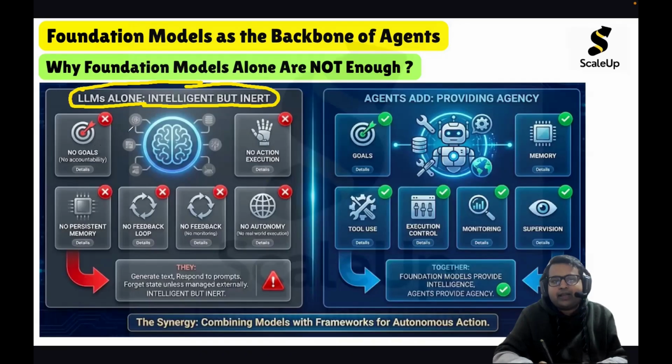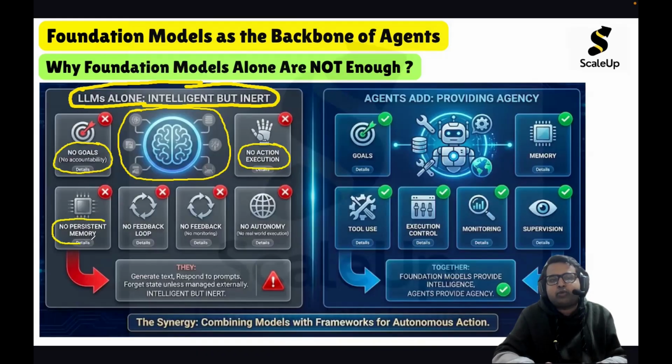If we just take an LLM, it has no goal, and since it has no goal, no accountability. It cannot perform any action, no action execution. It does not have any persistent memory, no feedback loop, and it does not have any autonomy.